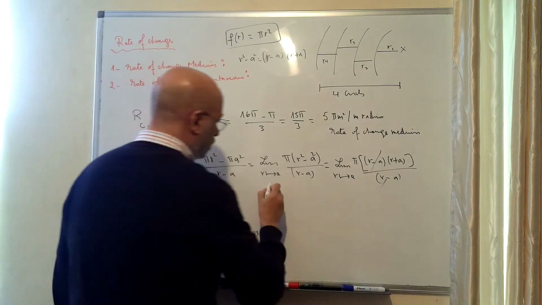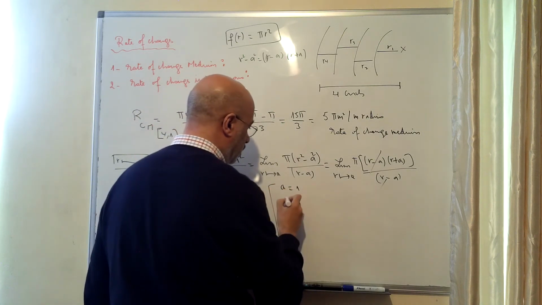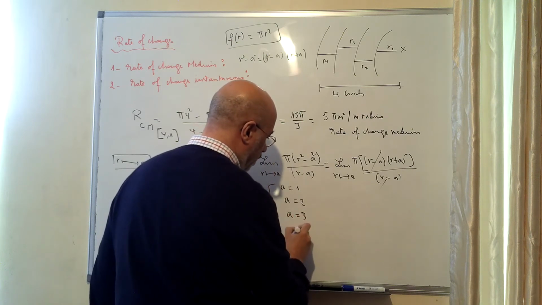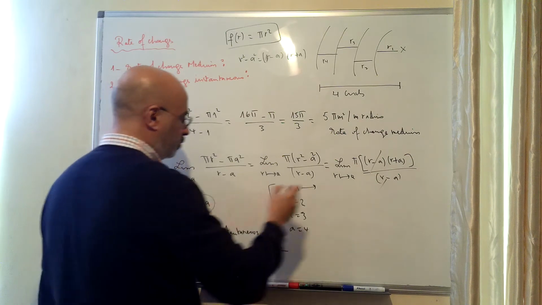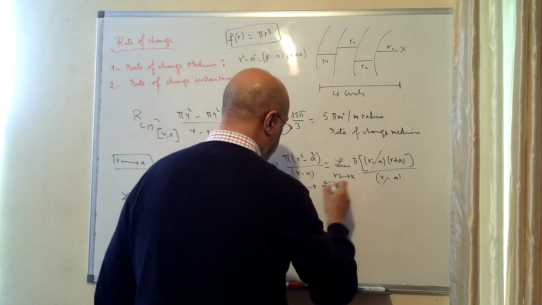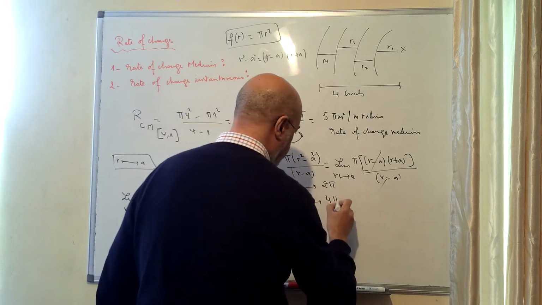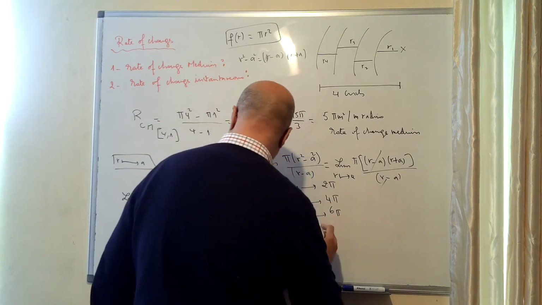So for example, we have four circles, so a equals 1, a equals 2, a equals 3, and a equals 4. Okay, when a equals 1, we have 2 pi. When a equals 2, it's 4 pi. a equals 3, 6 pi. And 8 pi.